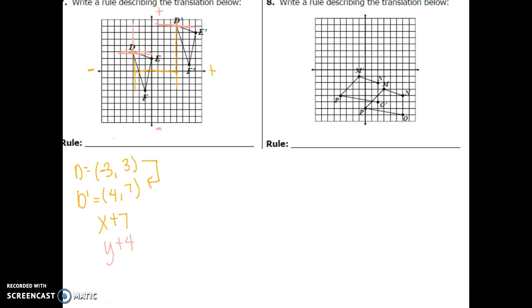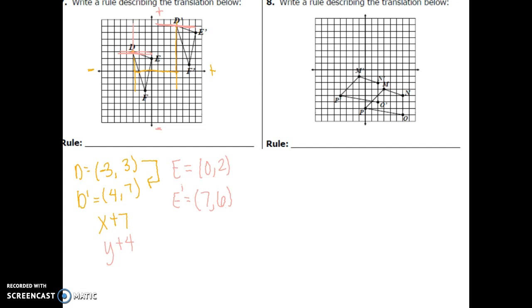And so I would check that with the rest of my coordinates. For example, E, that was at 0, 2. And E prime: if we're predicting what's going to happen, remember my X, I would add 7. So 0 plus 7 would be 7, and 2 plus 4 would be 6.